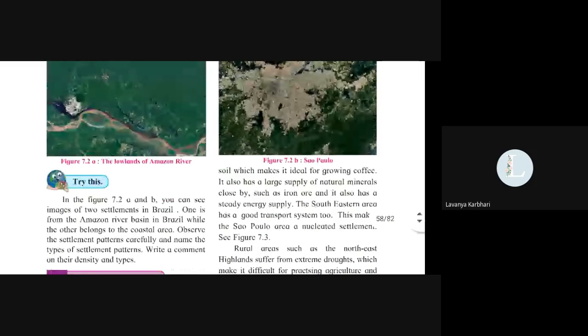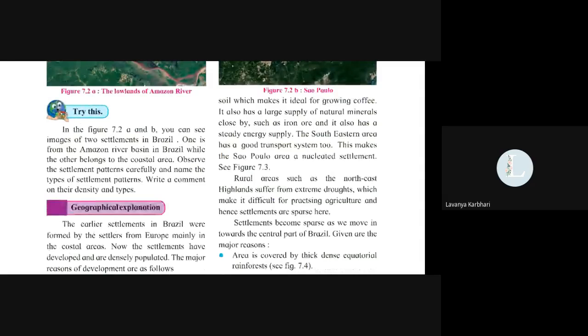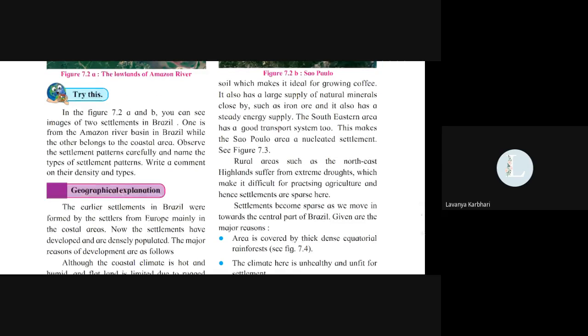Okay, in figures 7.2a and b, you can see images of 2 settlements in Brazil. One is from the Amazon River basin in Brazil, while the other belongs to a coastal area. Observe the settlement patterns carefully and name the types of settlement pattern. Write a comment on their density and types.